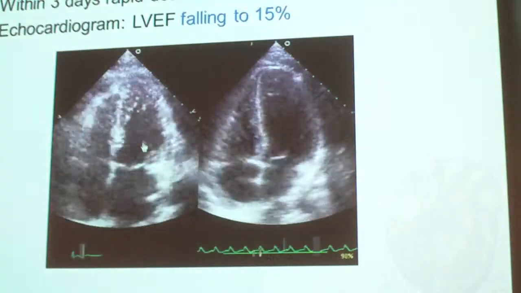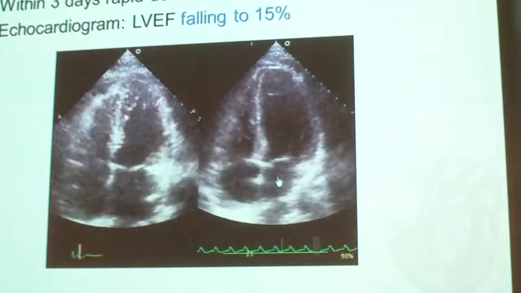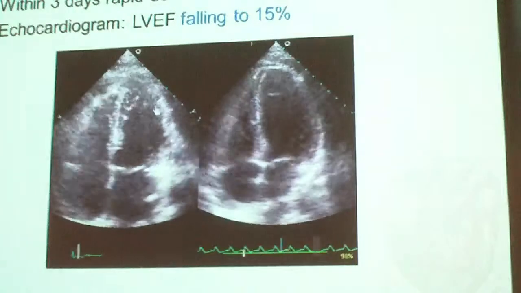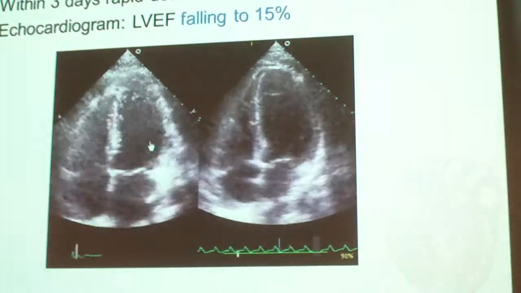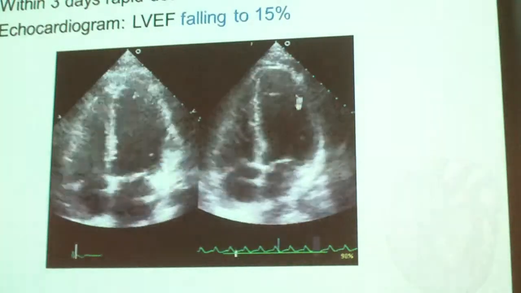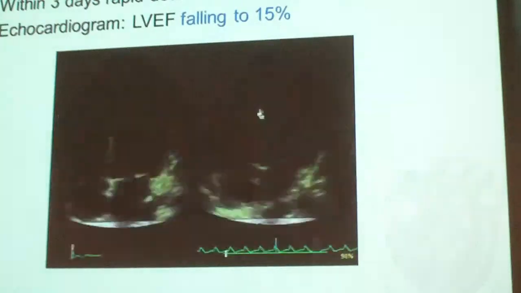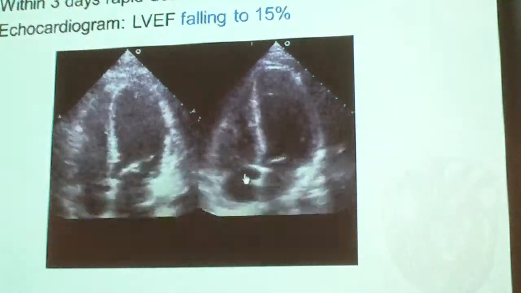This was the echo at admission, and this was the echo a little bit later. What you normally see is the heart contracts, and then you can see this nicely coming in. That's how the heart usually works. And as you can see here, she's tachycardic. That's a sign of shock. And as you can see on this side, you cannot see the nice contraction of the heart here.